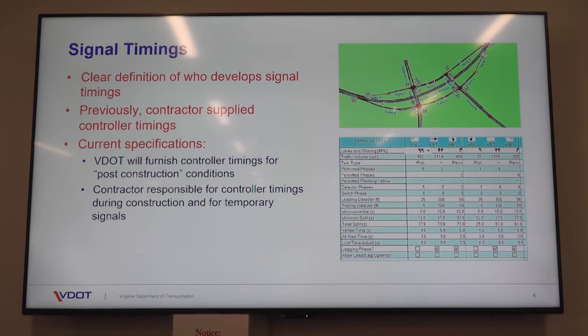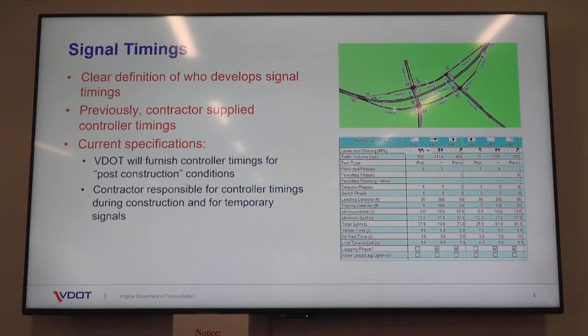Also to mention, section 512 of the specifications states that signal timing during construction is developed and provided by the contractor. So just to recap, VDOT provides permanent traffic signal timings, and that may vary. Some projects may provide it in certain districts. And then for temporary traffic signals, the contractor provides that timing.